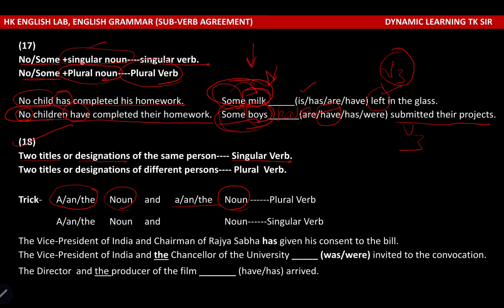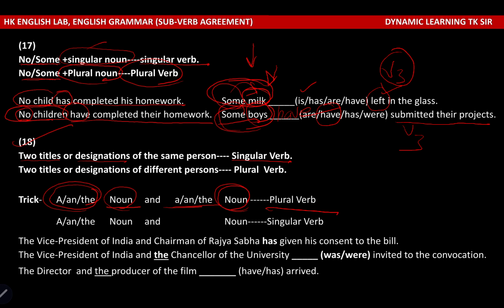Or I can say the PT teacher and the class teacher. It means that your PT teacher is not your class teacher. How do you know that? Because I have used the before PT and before class teacher. If you have the like this before two nouns, means they are two persons, and will receive a plural verb.